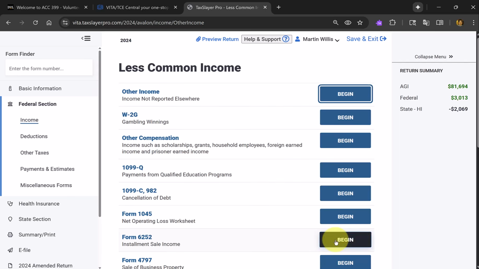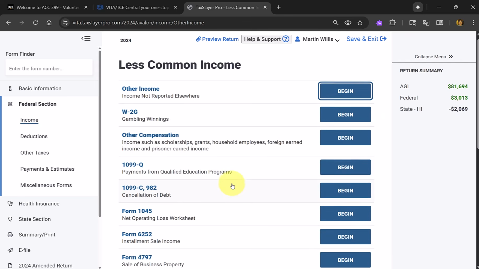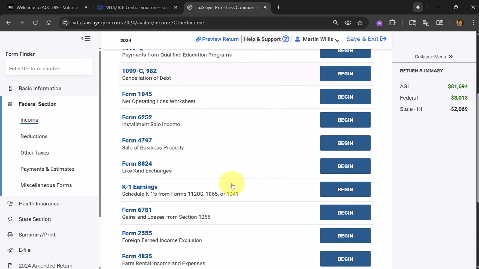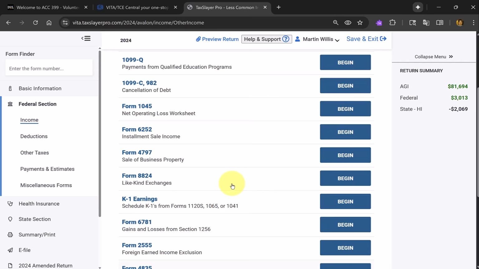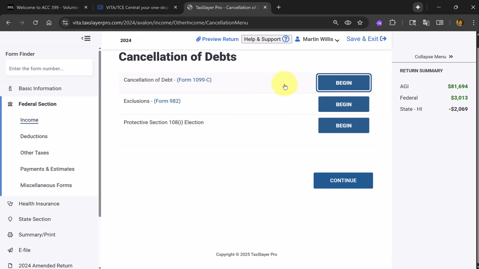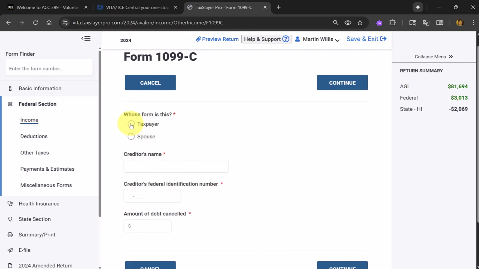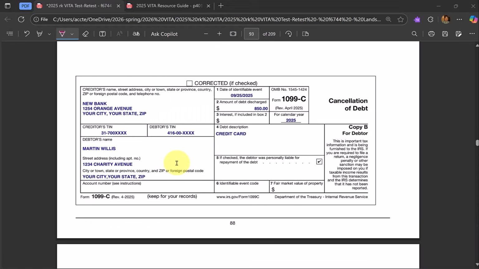Yeah. So let's begin. We're looking for 1099-C. Here, 1099-C, cancellation of debt. This is Martin. The creditor's name, New Bank.